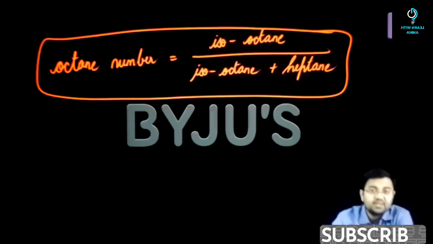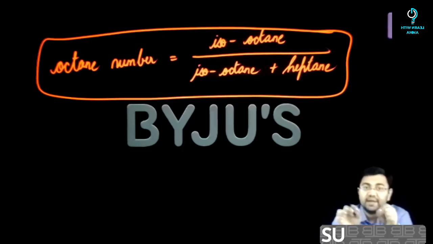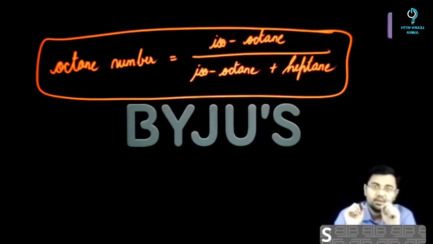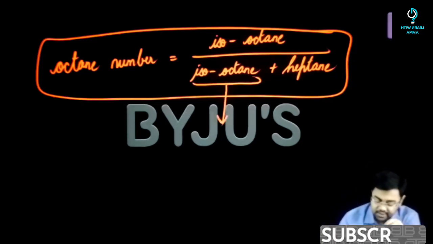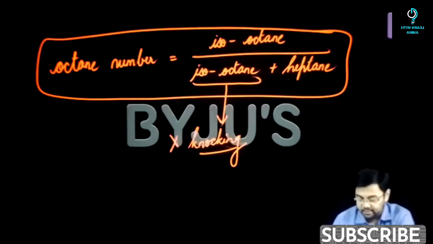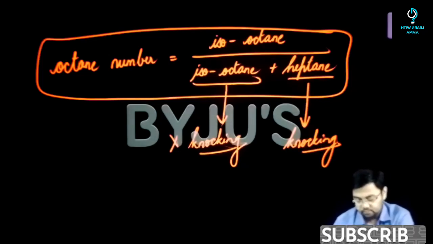Now why does it mean that if something has a high octane number, then it has a higher efficiency and lower knocking? The reason is that isooctane does not undergo knocking, but heptane has a natural tendency of knocking.